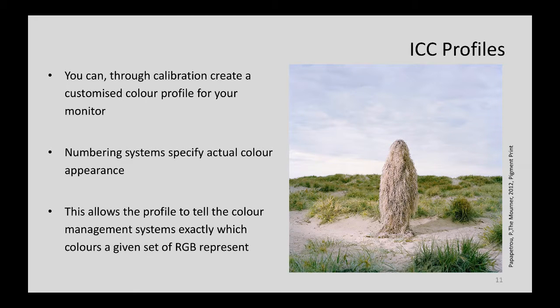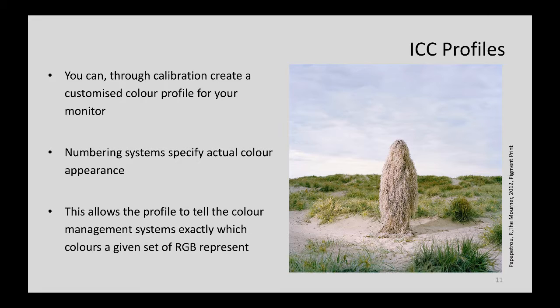Okay, so as an overview, ICC profiles, why are they so important? You can, through calibration, create that customized color profile for your monitor. That means what you're seeing, you can be assured, is true color. It's a set of numbers that replicate true color as you've captured it and as you have processed it, and what you see on your screen.